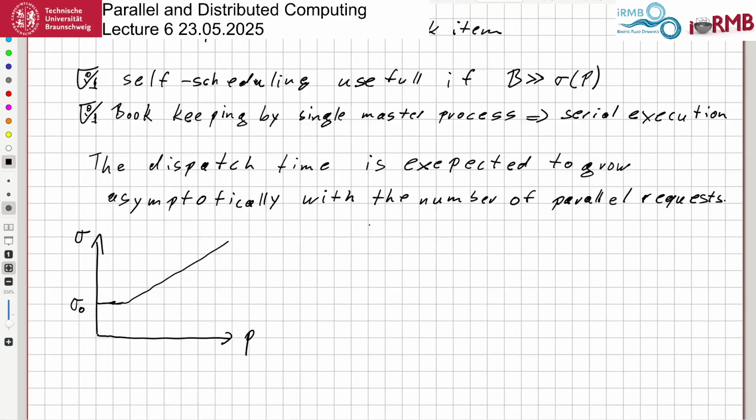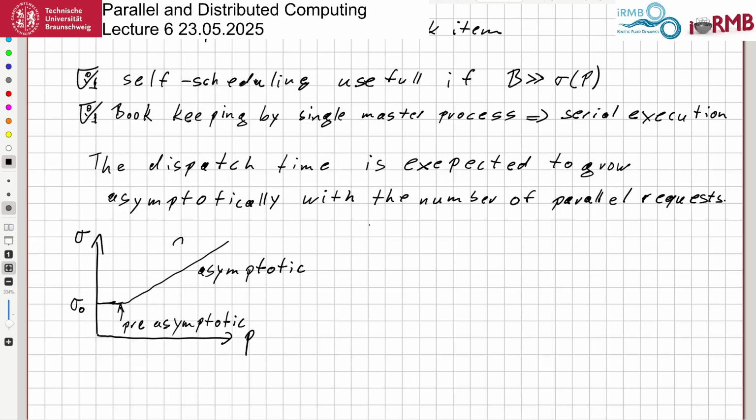So after some time, this is what we call pre-asymptotic. And this is asymptotic. So this may not be a kink, I mean, this may go a little bit more slowly.